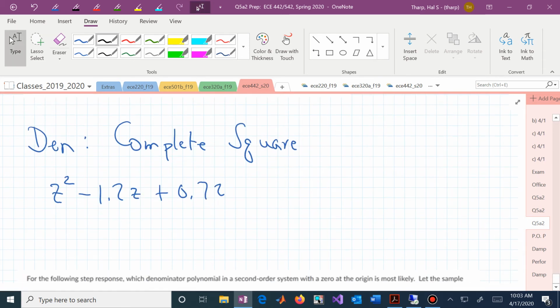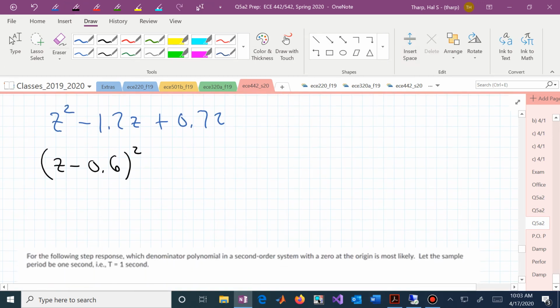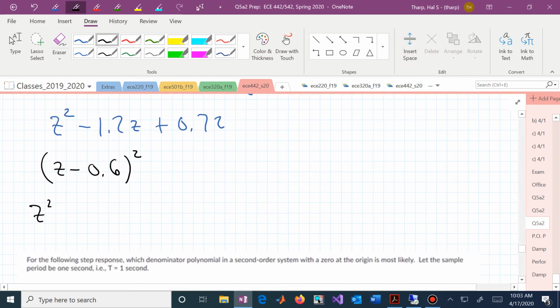Well, to find that minus 1.2 in the linear factor, we know that we could obtain that with z minus 0.6 when squared, which will give rise to this z squared minus 1.2z, but it also gives us a 0.6 squared, which when we square 0.6 gives us 0.36.